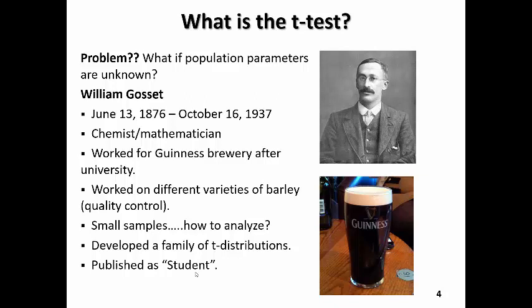And so since then, the t-test is often referred to as the Student's t-test, named after the author of the paper. So this ends our first video on the t-test.